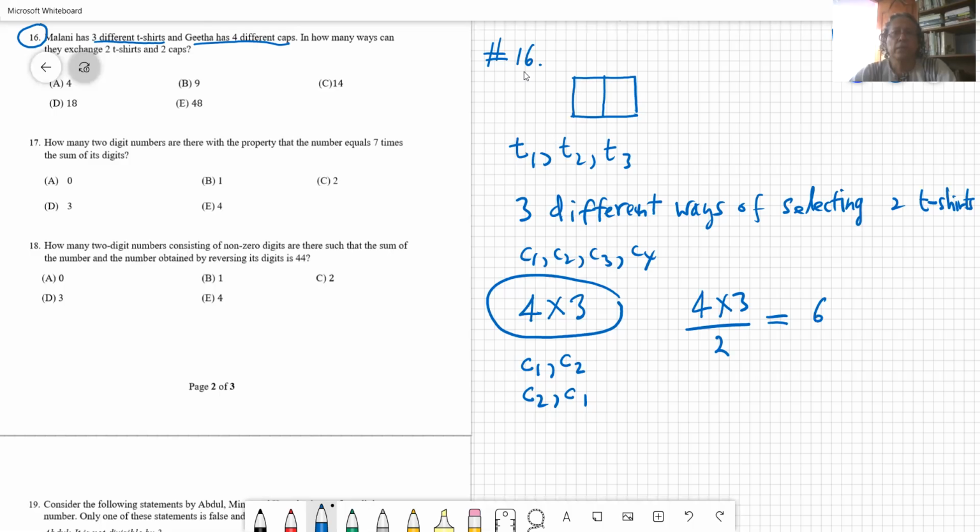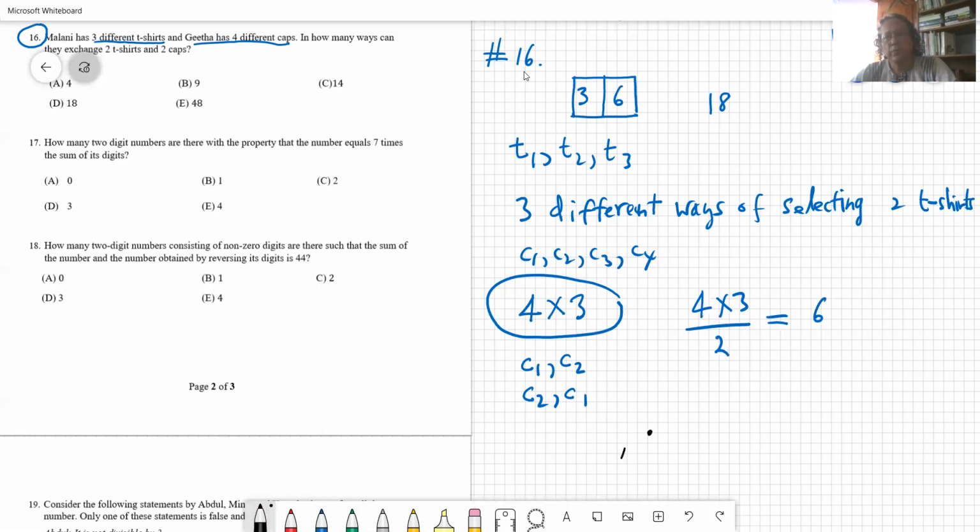So now here, 3 different ways of selecting 2 t-shirts, and 6 different ways of selecting 2 caps. So can we say that we have 18 different ways of selecting 2 t-shirts and 2 caps? Well, we can look at something like this.